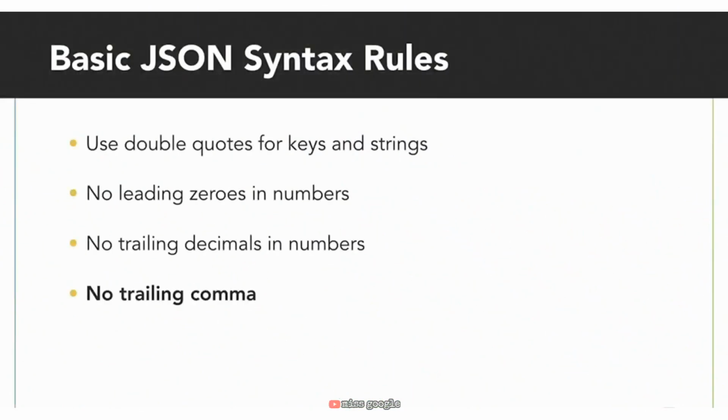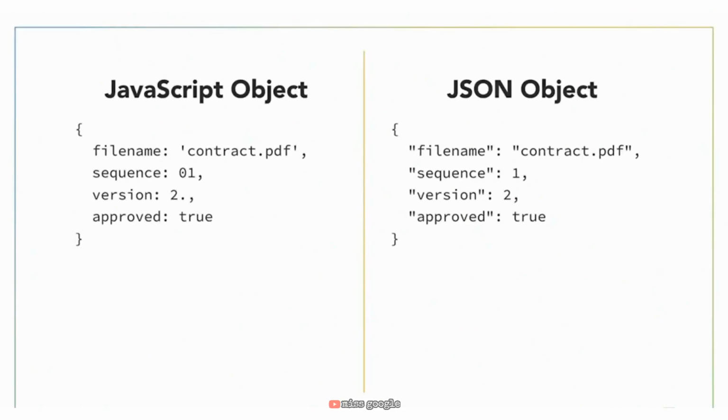Likewise, a numerical value in JavaScript can end with a decimal point, but in JSON, this is not allowed. Usually, this just means that you need to ensure the decimal is removed. Boolean values, which have a value of either true or false, don't need quotes in either JavaScript or JSON.